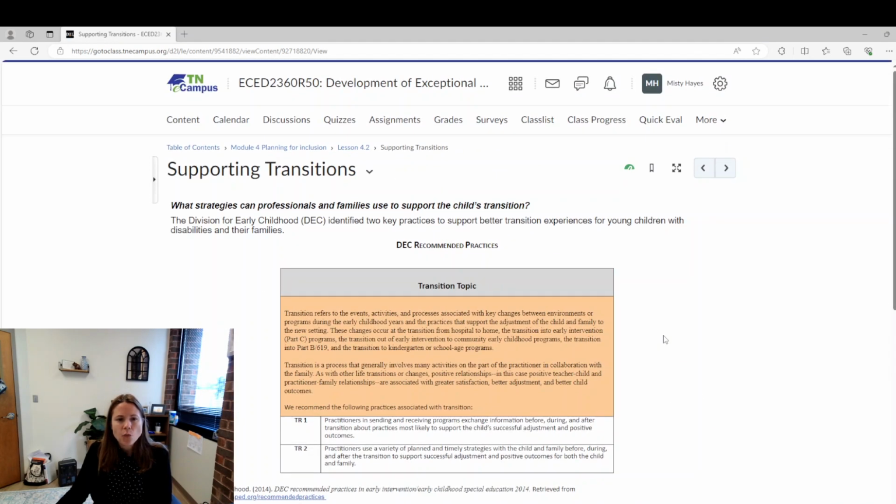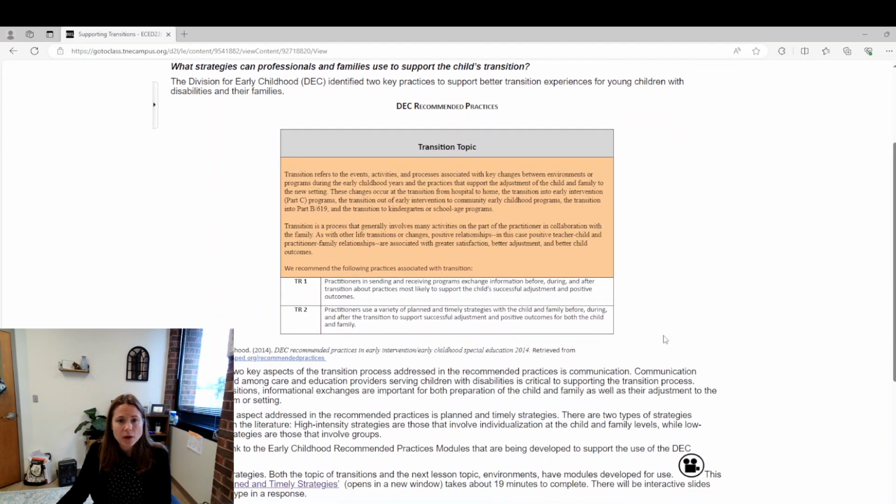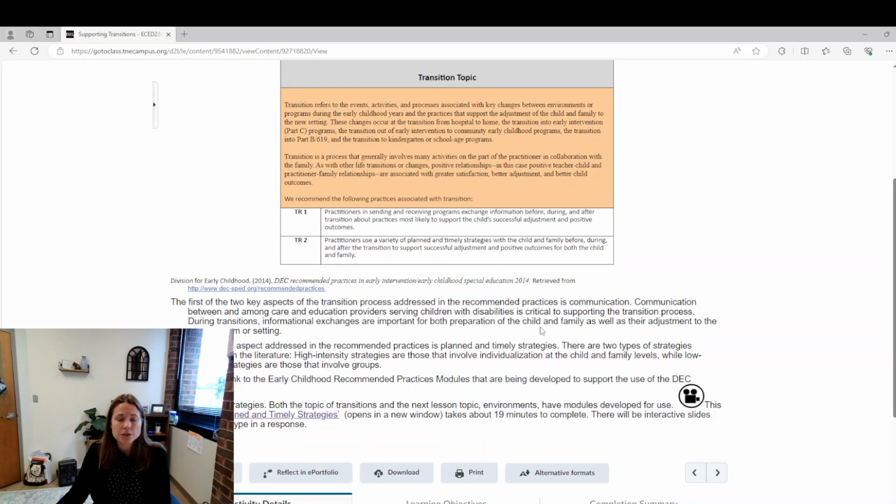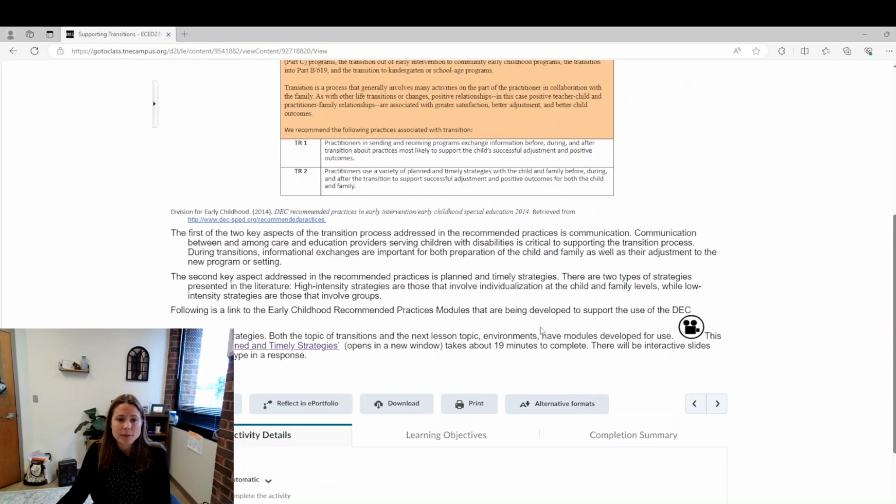Supporting transitions: what strategies can you as a professional use to support this process? Okay, so what does the Division for Early Childhood recommend? What are those key practices to support better transitions? This is really going to help you, almost like a checklist, when you're creating your transition plan for our students with disabilities and their families, right?